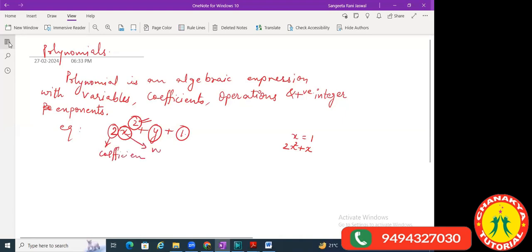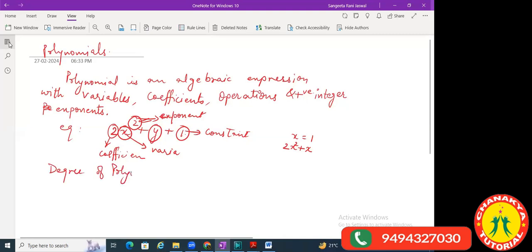This is the variable. This is positive power, this is exponent, you can say. This is the constant term. This is also one term. This is a three-term equation. This is a constant term where there is no variable. When there is no variable in the term, we call it a constant term. Now coming to the degree of polynomial.